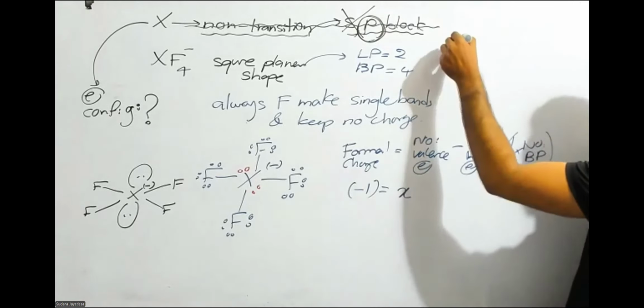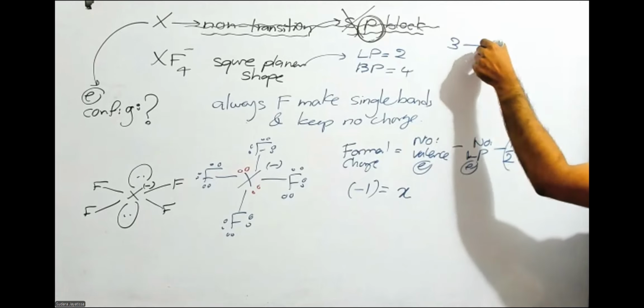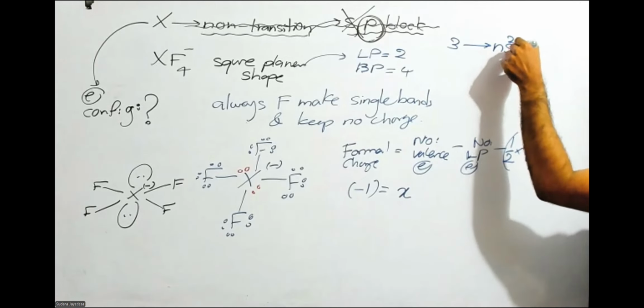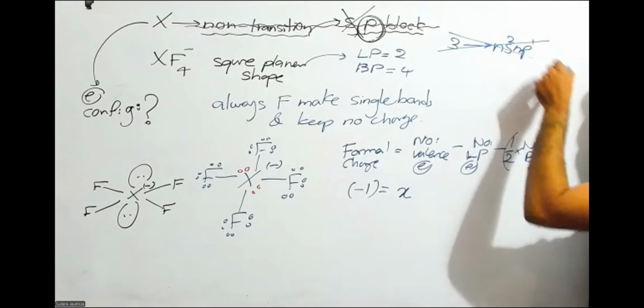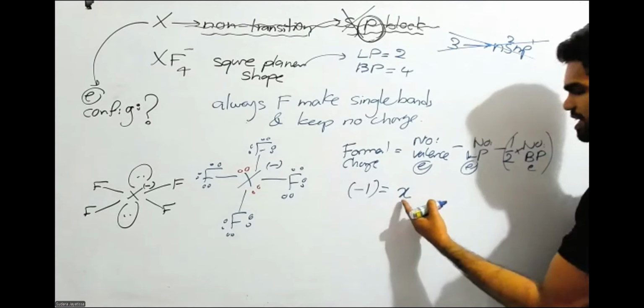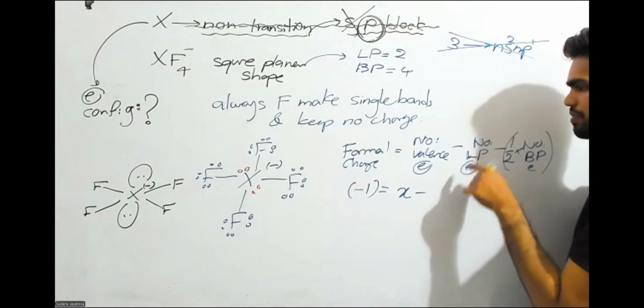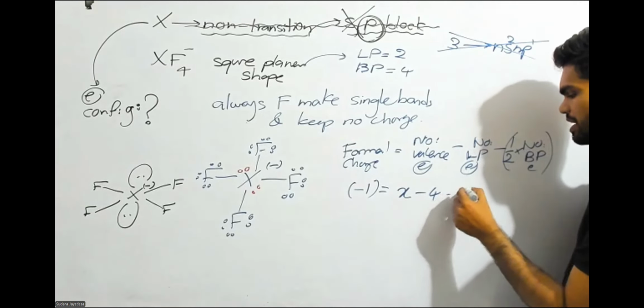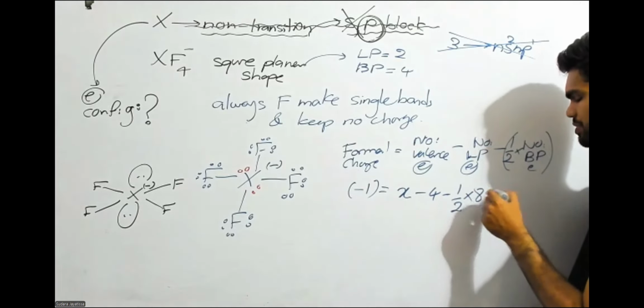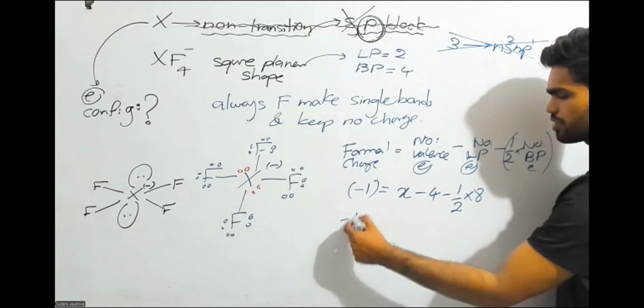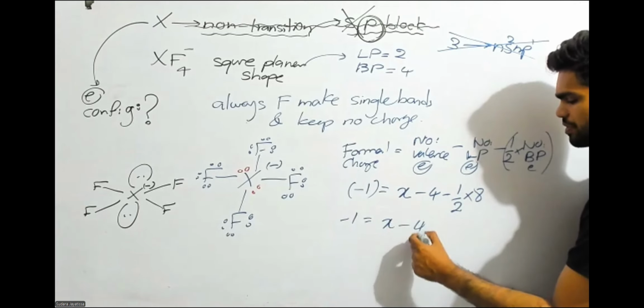Let's say you have 3 valence electrons, that means the configuration is ns2 np1. So let's find out this X. The formal charge here is -1. Number of lone pair electrons is 4, and half of the bond pair electrons: you have 8 bond pair electrons, so half of that is 4. So -1 equals x minus 4 minus 4.